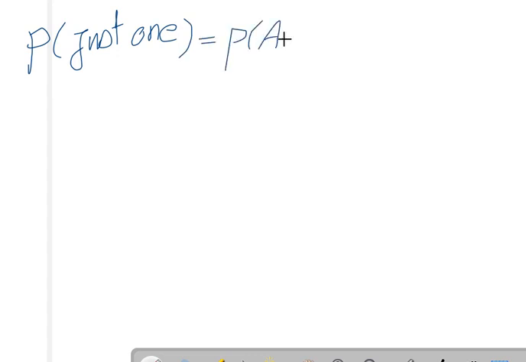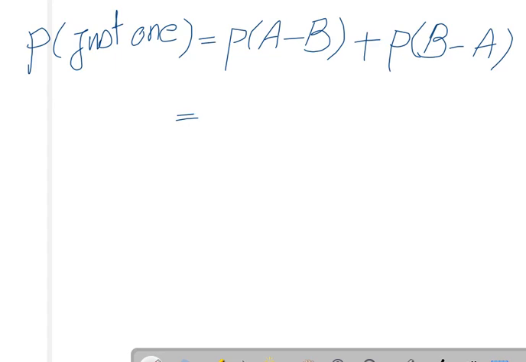The probability of just one is the probability of A minus B plus the probability of B minus A. A minus B was 0.4, B minus A was 0.1, and the answer is 0.5.